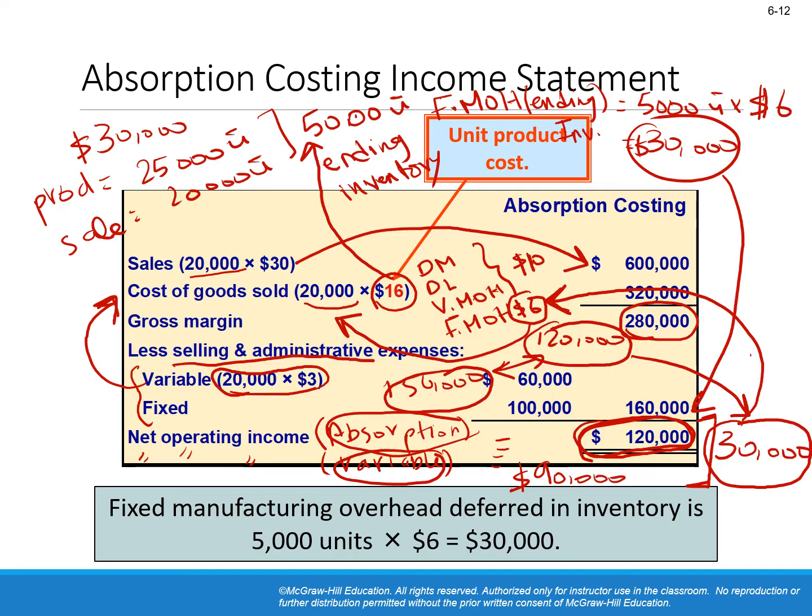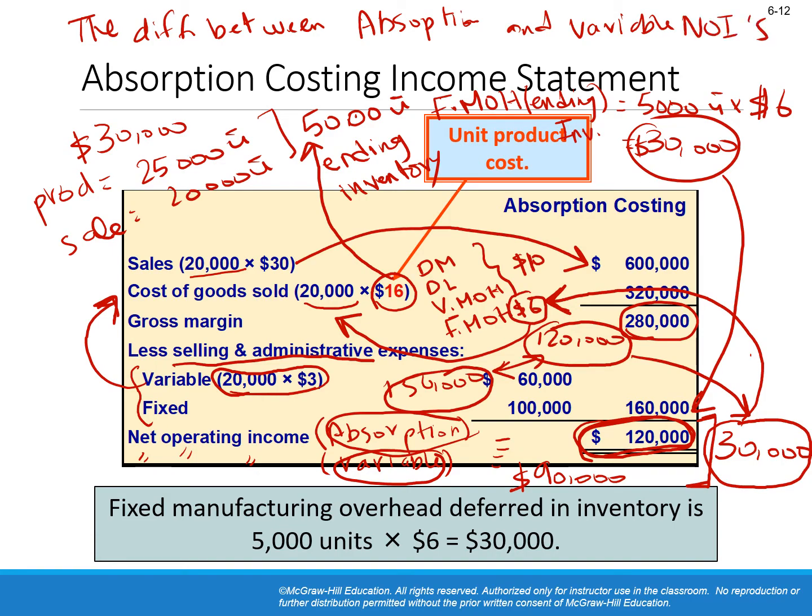Therefore, we conclude that the difference between absorption and variable net operating incomes resides in the fixed manufacturing overhead component of ending inventory.